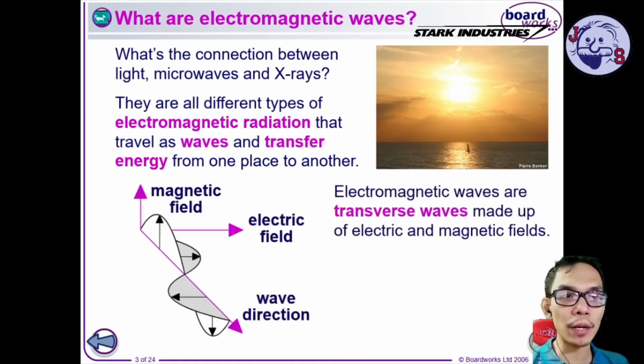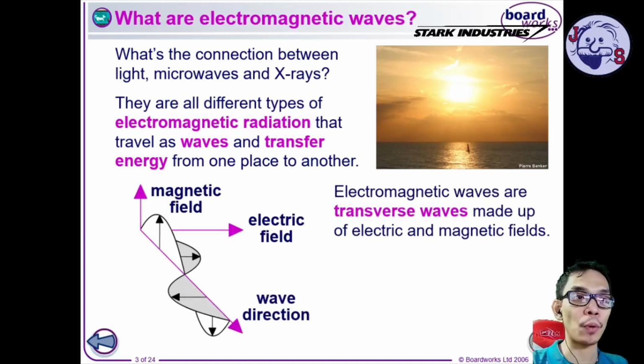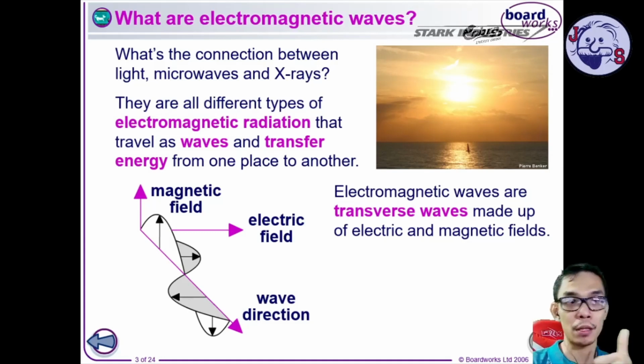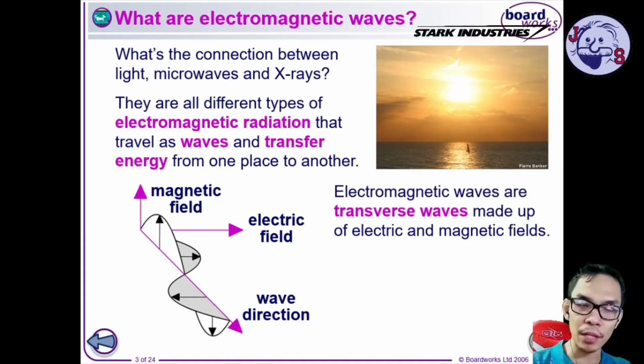Also, we agreed that electromagnetic waves are transverse waves, meaning the vibration of these waves is perpendicular to the wave direction. The transverse wave of electromagnetic waves is made up of two things: the electric field and the magnetic field.